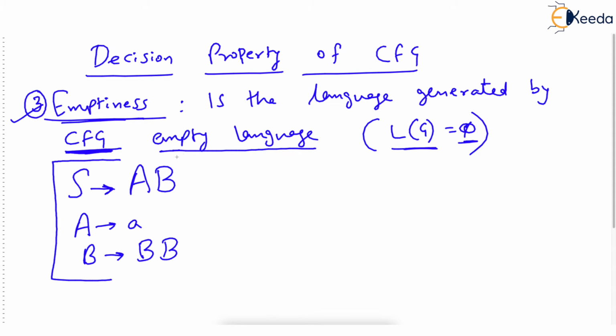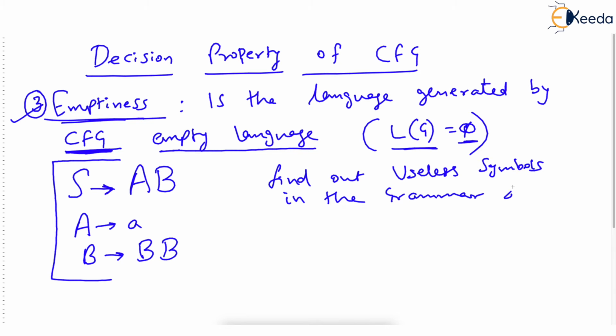In this case, it need not be CNF, but I have written a CNF. Given a grammar, you try to find the useless symbols in the grammar and remove them.